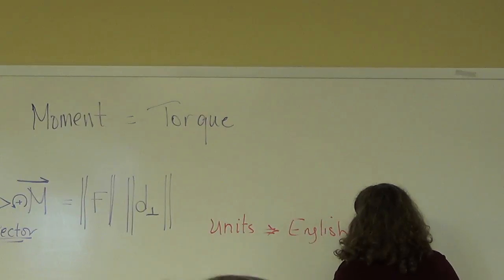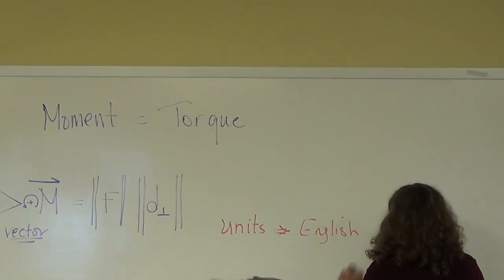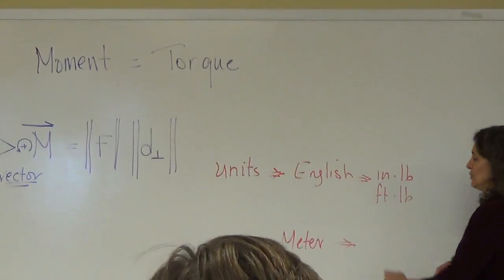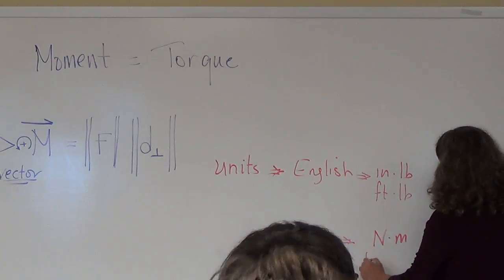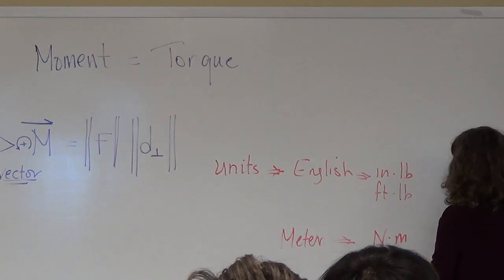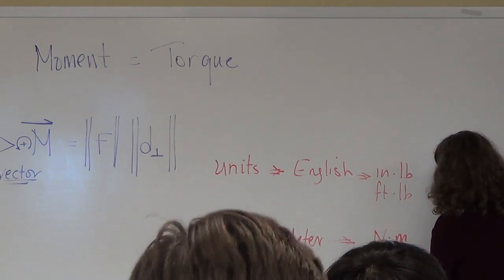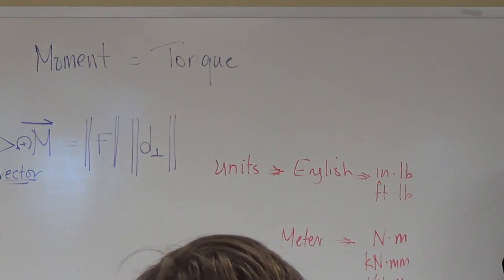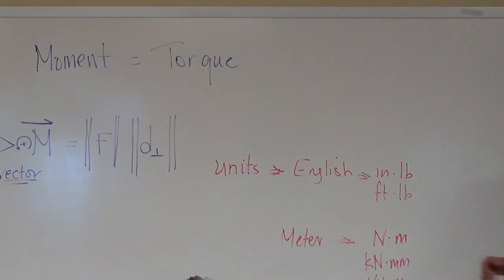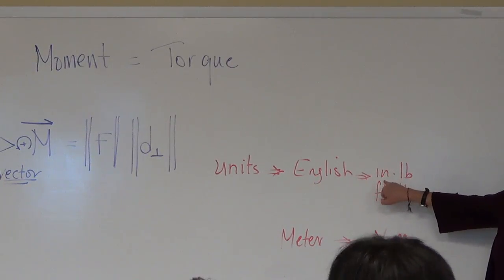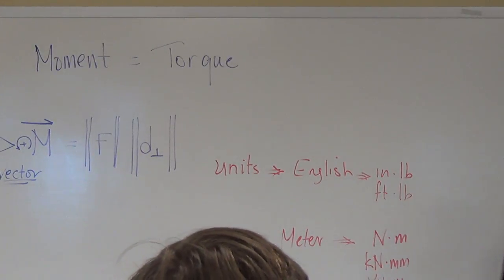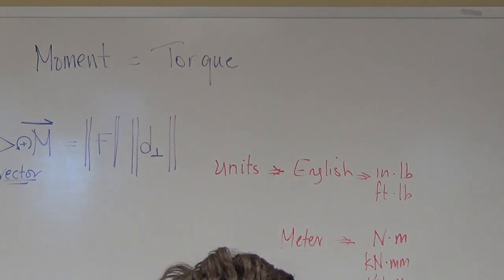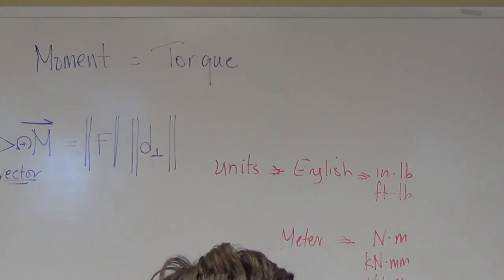But in metric, what do you say? Newton meter. Doesn't that sound right? Meter Newton doesn't sound right. Kilonewton millimeter, kilonewton meter. So the vernacular is you always say the distance first, then the force. So what I wrote up here, it's 100 times 5, and it's 500 inch-pound.